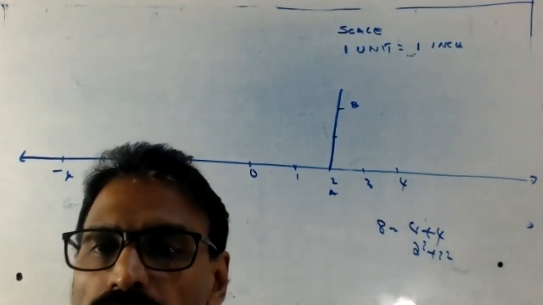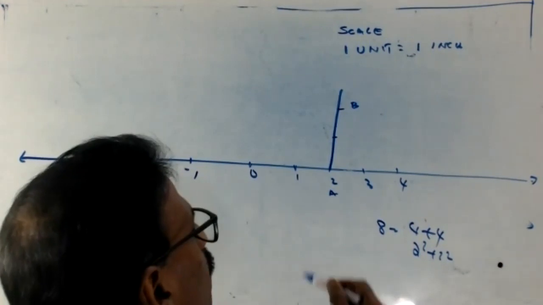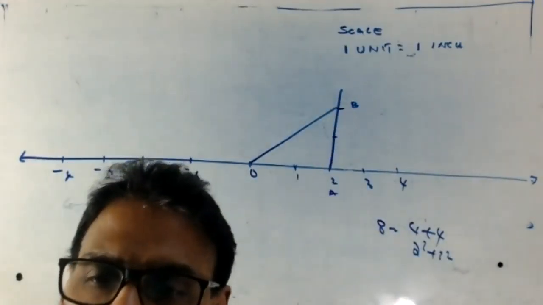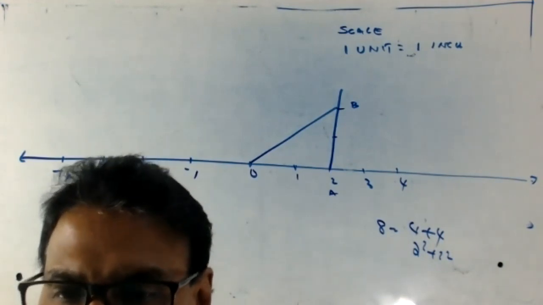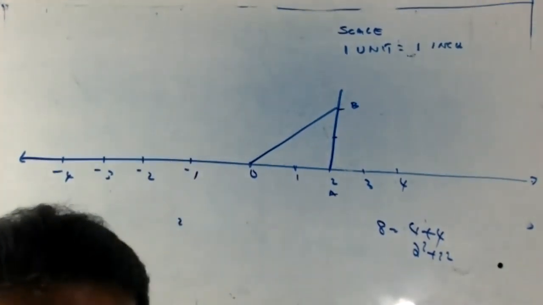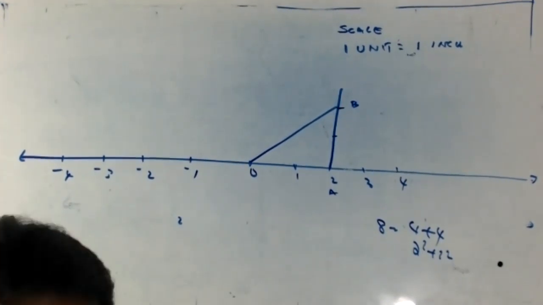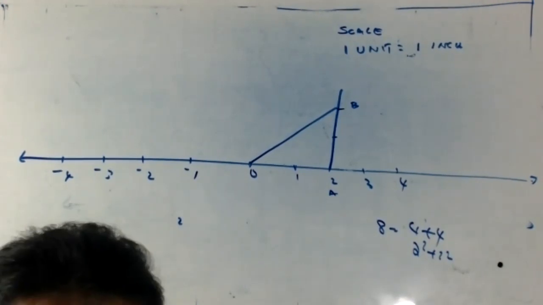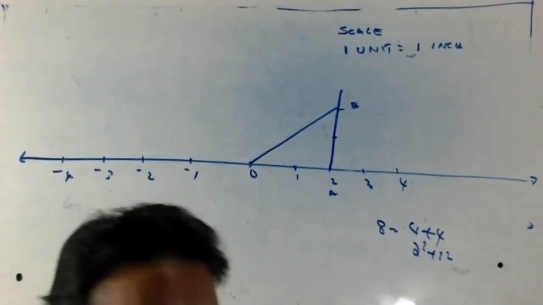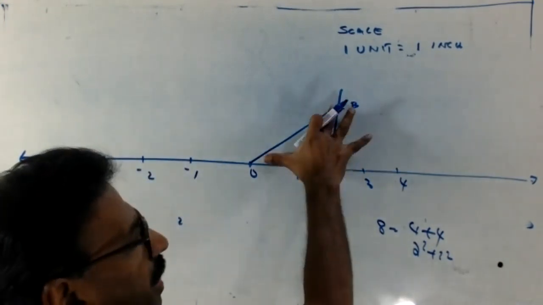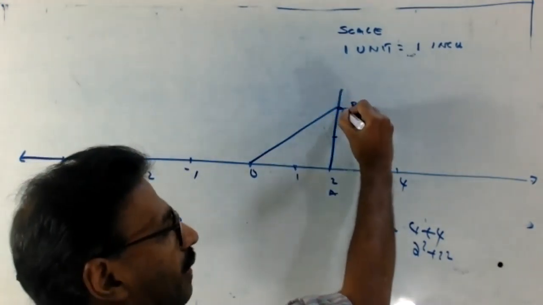Now listen here. Then join OB. When you draw, you write the steps: step number 1, step number 2, step number 3. Understood now? You have to write the steps of construction. Of course, when you dance, you have steps. When you make chicken curry, you make the steps first. Then take the compass and make an arc here.